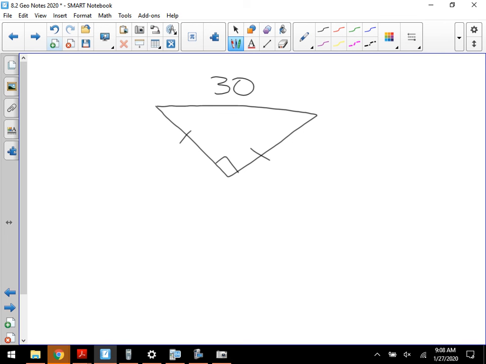Remember, it has to be 45 because of the isosceles. If the two legs are congruent, that means the angles have to be congruent. That doesn't change. So as you go in here, again, you write it out.